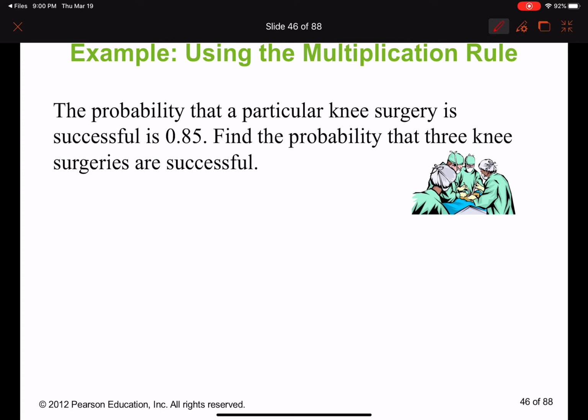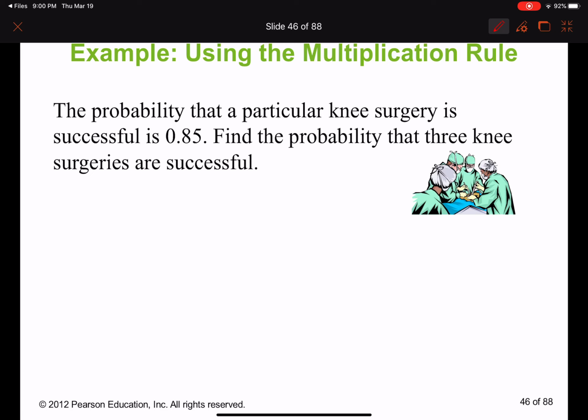Okay, the probability that a particular knee surgery is successful is 0.85. Find the probability that all 3 knee surgeries are successful. Can I replace it with: find the probability that the first surgery is successful and the second is successful and the third is successful? Can I do that? Yes, I can.